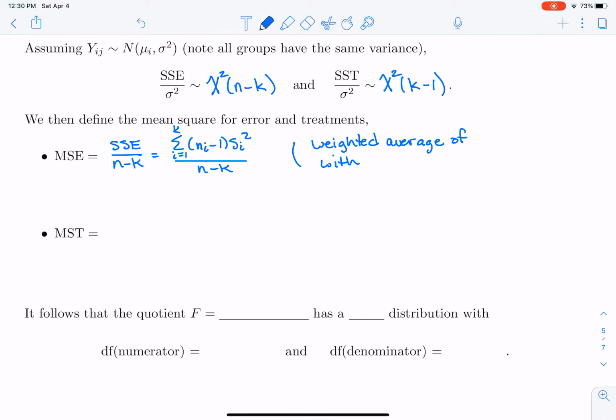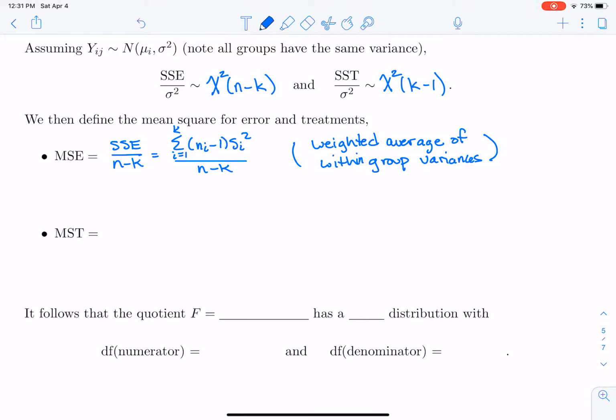If I add up all the degrees of freedom for the different groups, then I'll get n minus k. So this is a weighted average of the group variances. That's what we call the mean square error, weighted average of the within group variances.